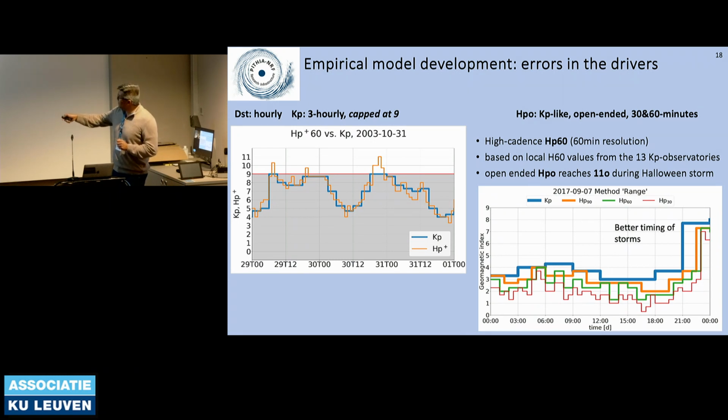So KP, because 2300 hours is in the window 9 to 12, steps up to the maximum value 2 hours before the storm actually hit. If you go to the 90-minute value, of course you're getting closer. If you go to the 1 hour value, you pick up the storm. And if you go to 30 minutes, you even see that it decreases a little bit at the end of the interval. So that's additional information we have now thanks to this HP index.